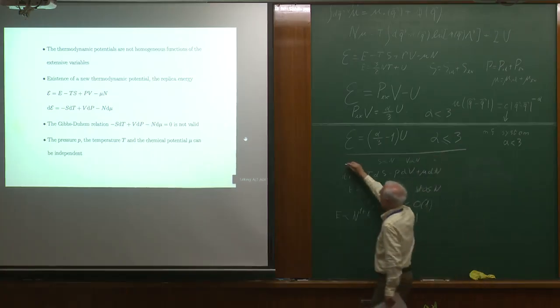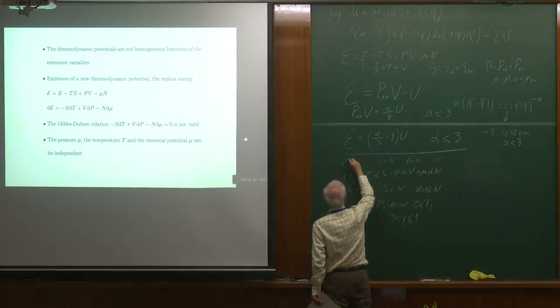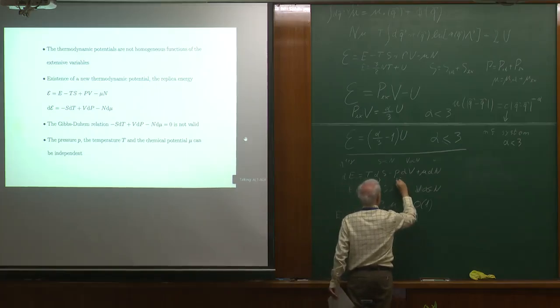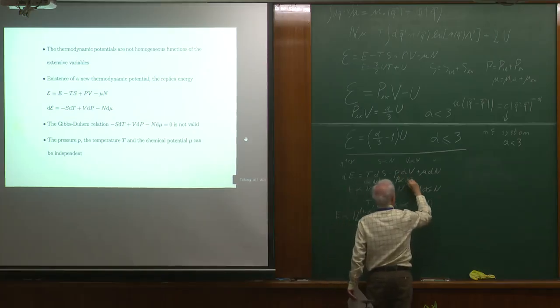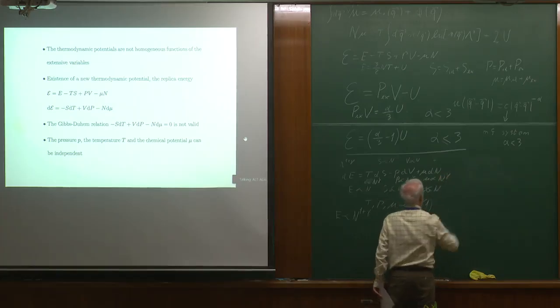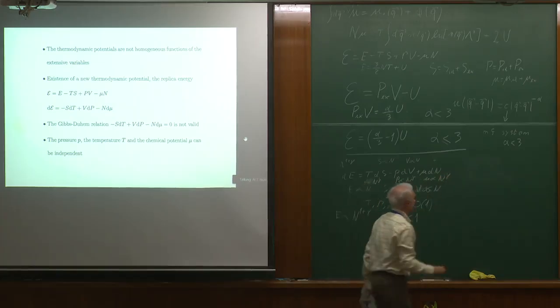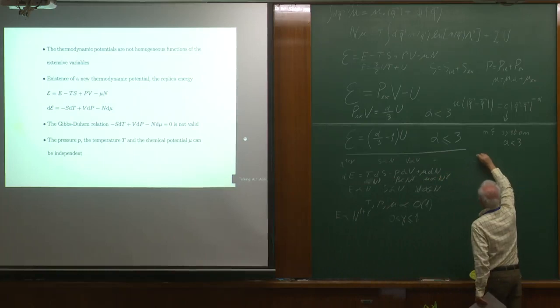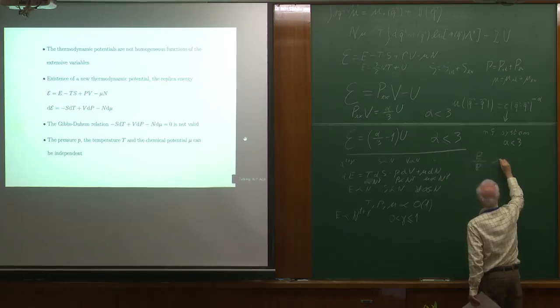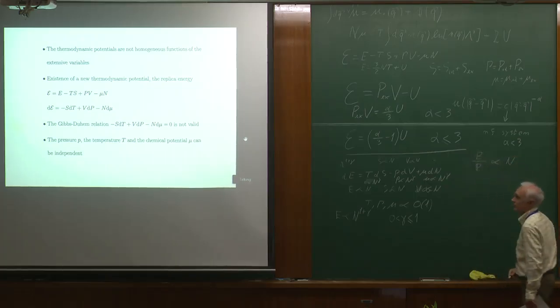So to get something which is of order 1, T must be of order n to the gamma, P of order n to the gamma, and mu of order n to the gamma. But then, let's take, for example, E over P, which will still be of order n.